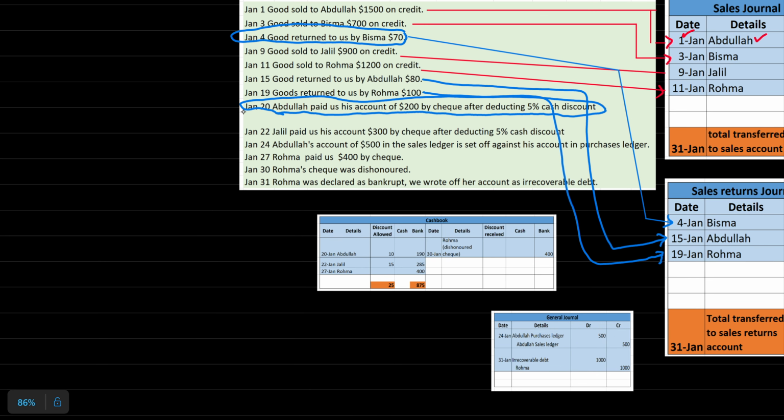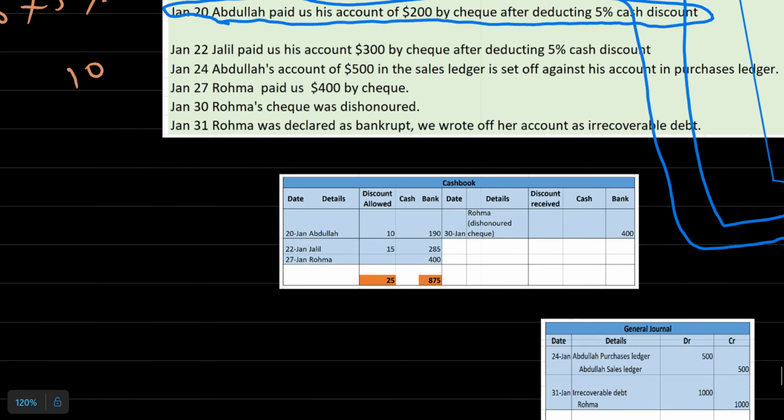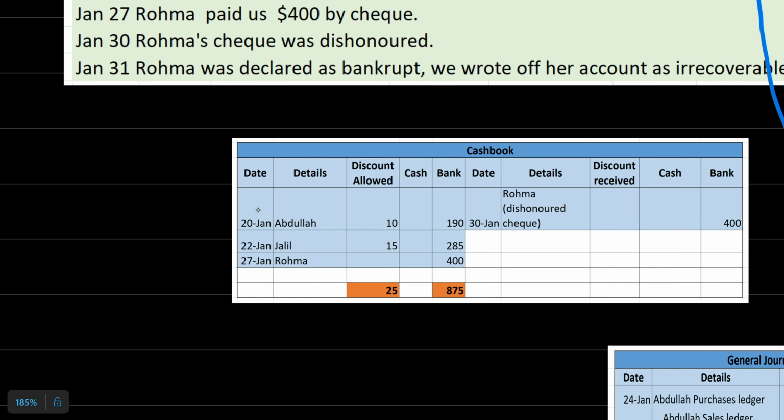So when Abdullah paid his account of 200 after deducting 5% cash discount, 200 into 5% is equal to 10. That means we received the amount by check, 190, and we allowed a discount of 10. Because we received the amount, it will be recorded on the debit side of the cash book. So discount allowed 10, amount received 190, recorded on the debit side.